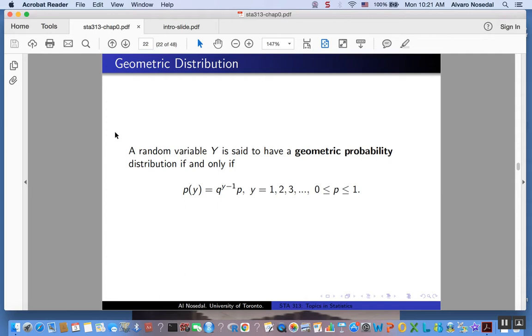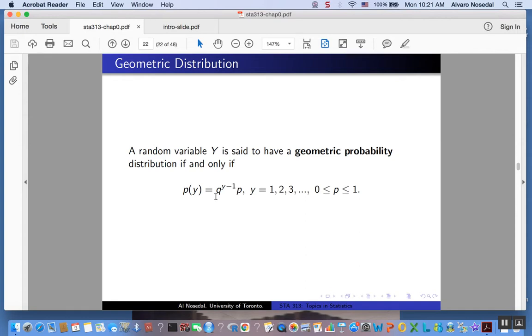That is the probability mass function. It's the formula that gives you the probability of observing your first success after exactly y trials, where the probability of success is p.